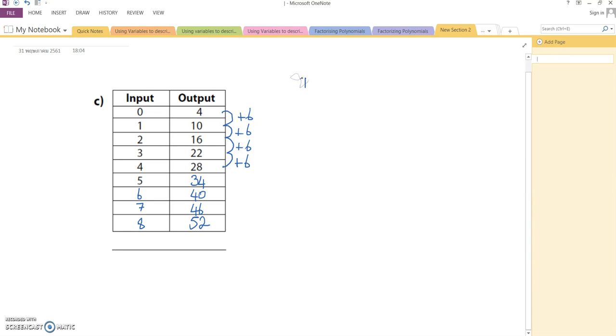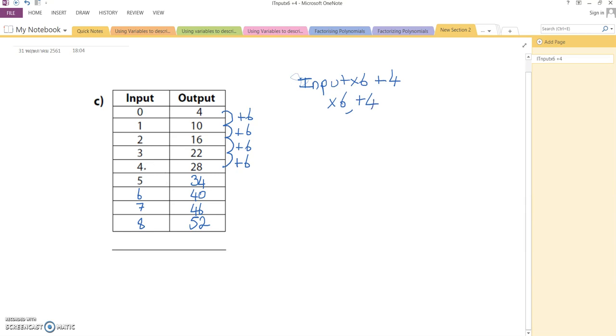So input multiplied by 6. If you take a look at this one, 0. 6 multiplied by 0 is 0. And what should we add to 0 in order to get 4? We should add 4. So in other words, it is multiplied by 6 and plus 4.